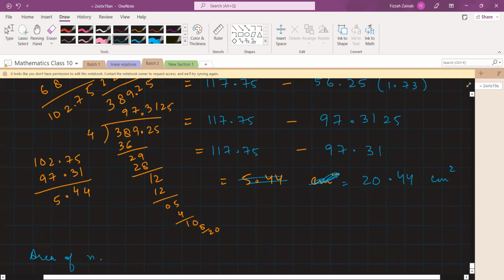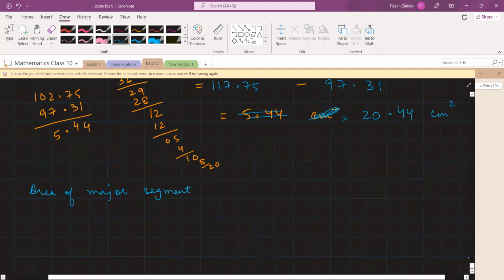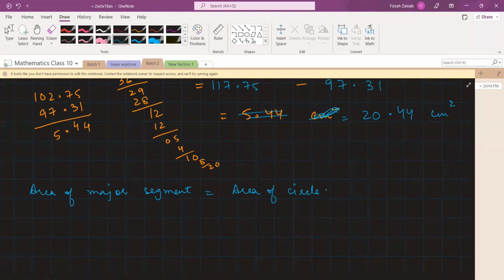Okay, so area of major segment I want now. So area of major segment is simple, area of circle minus area of minor segment, right? Which we have named ACB in our figure.